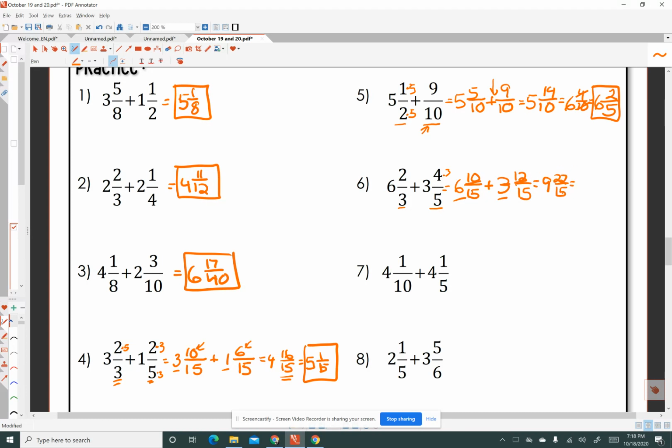And there's a full group of 15 in there because 22 divided by 15 equals 1 and 7/15. So when we add this to this, add the 1 to the 9, that gives us 10 and 7/15.